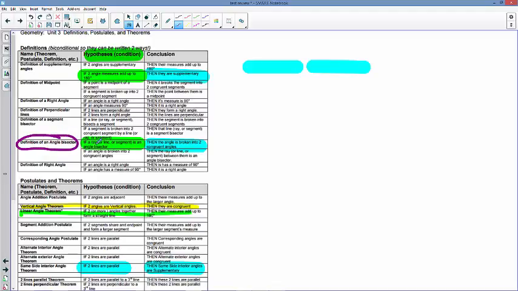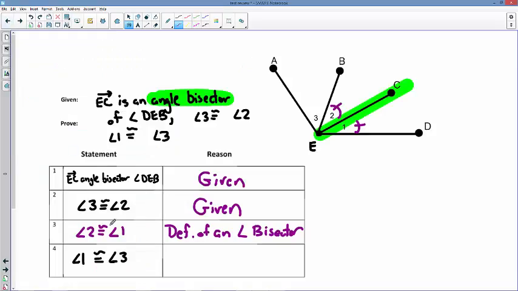It says if on the previous line something has been declared to be an angle bisector, then the angle is broken into two congruent parts. That's what we said. We said if this is true, that's the if. You don't have to write these lines to solve the proof, of course. If that's true, then this is true. That's what that definition says. The definition says if somewhere earlier in the proof EC was an angle bisector, then I can say that two angles are congruent.